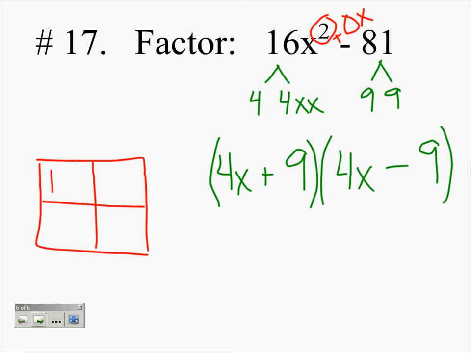In the box method, again, we put that first term in the top corner, that last term in the bottom corner, and now you're going to start to fill out the outsides to multiply to the insides. I need two things here that multiply to 16x squared. I know that 4 and 4 will give me the 16, and x will give me the x squared. Down here, I need two things that multiply to negative 81.